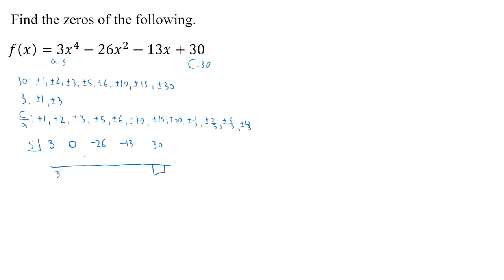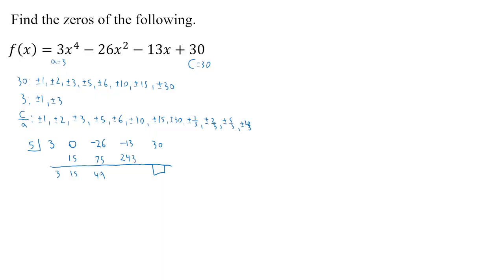Bring down your 3. 5 times 3 is 15. 0 plus 15 is 15. 5 times 15 is 75. Negative 26 plus 75 is 49. 5 times 49 is 245.